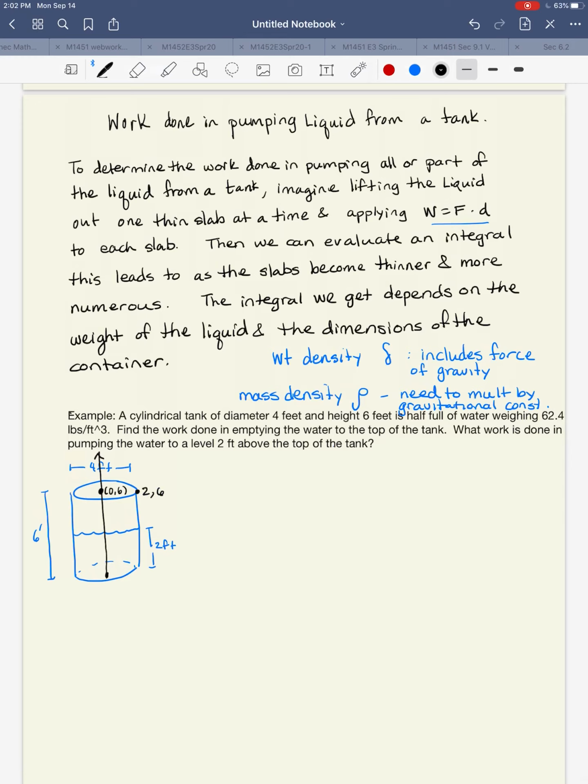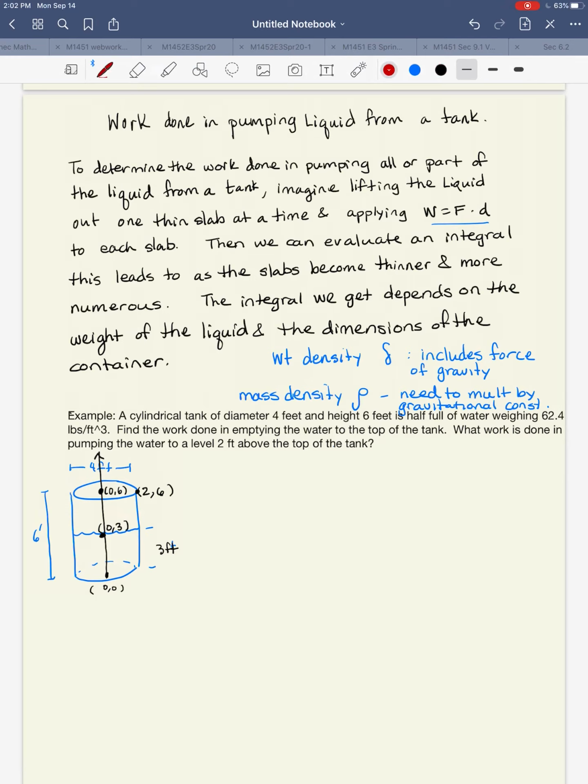So this ordered pair would be (2, 6). And here's the origin. Okay, so we've got water up to a level of 0, 3. Oops, sorry, I don't know where this 2 feet came from. Half full of water, so this should be 3 feet. Okay, so this point is (0, 3).